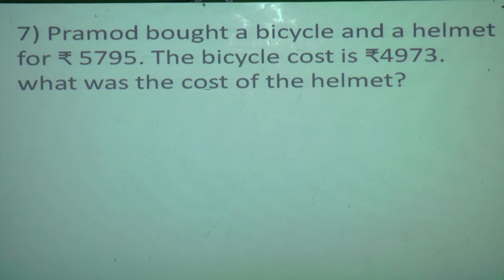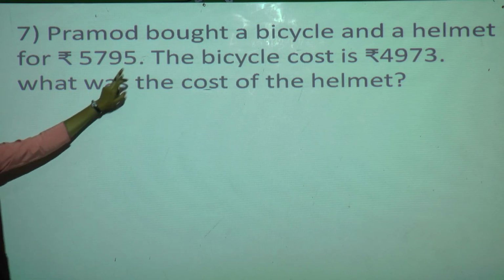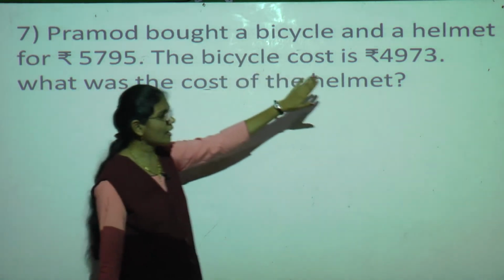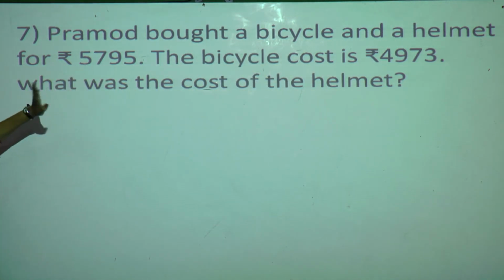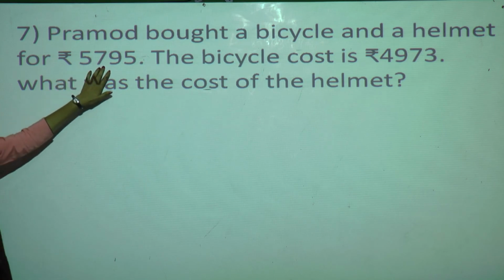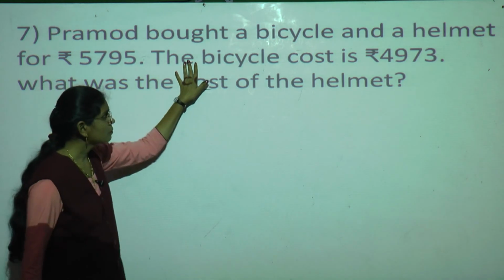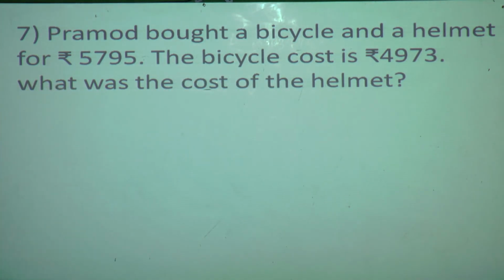Pramod bought a bicycle and a helmet for rupees 5,795. Okay. What is the cost of bicycle and helmet together? The cost of bicycle and a helmet is 5,795. But the cost of bicycle is rupees 4,973. Then what was the cost of the helmet?